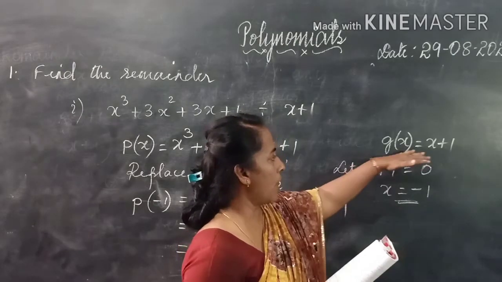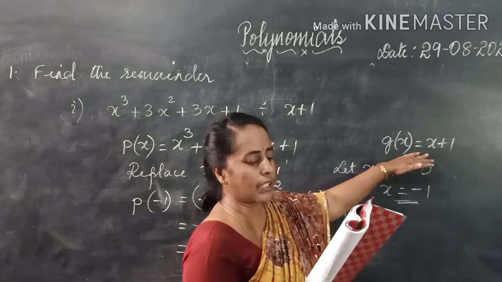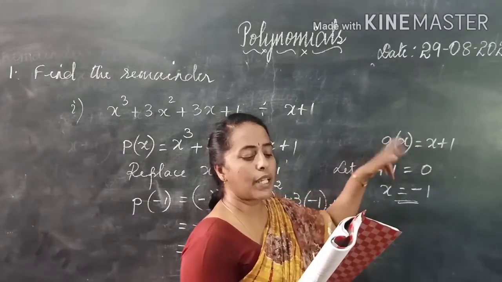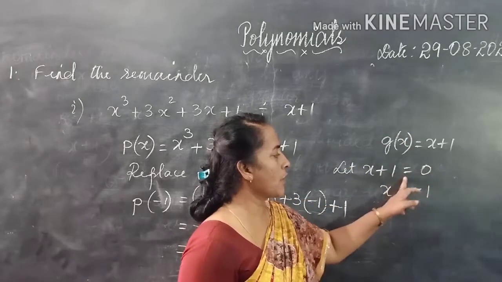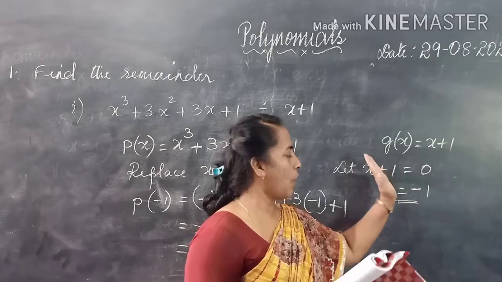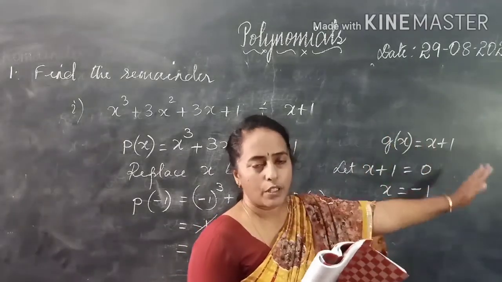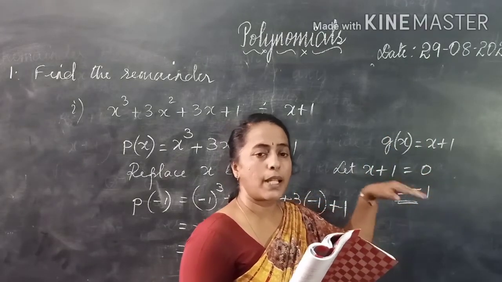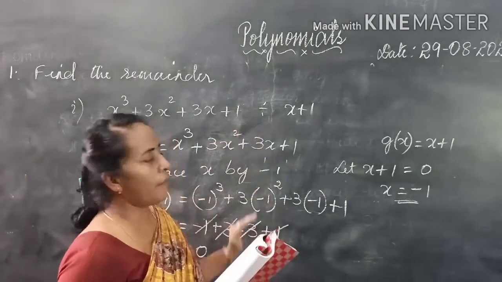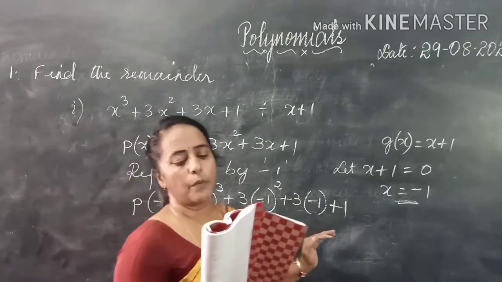The first case is x plus 1. In the next one, the divisor is x minus 1 by 2. That means x minus 1 by 2 equals 0, so x will be equal to what? You take the minus half to that side, that becomes plus half. Now replace x by half and get the value. That will be the remainder.